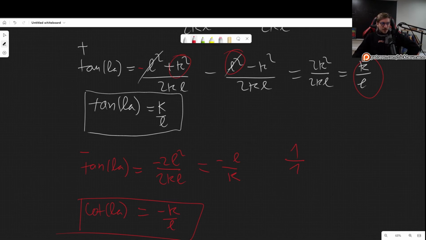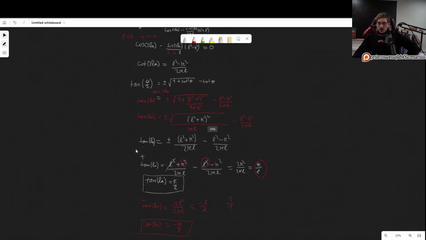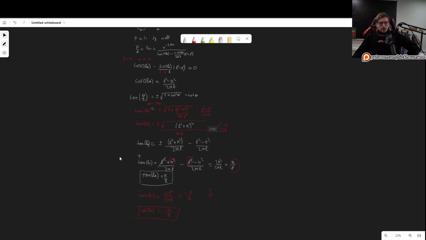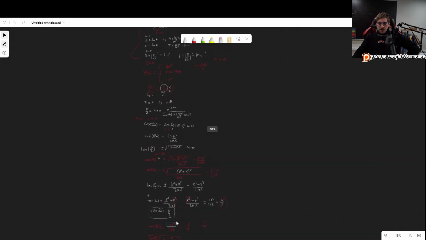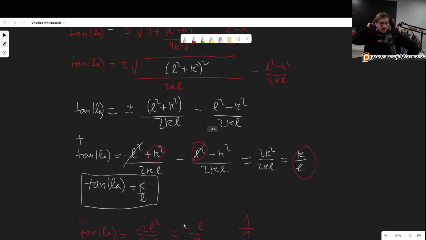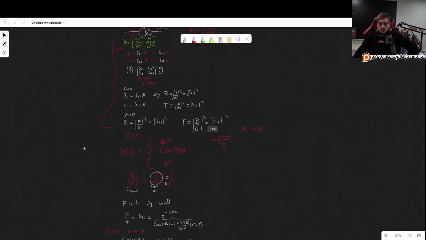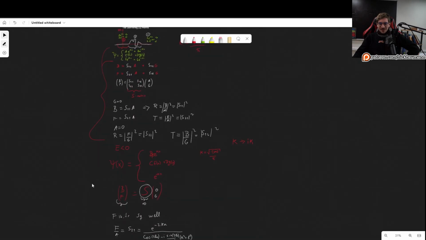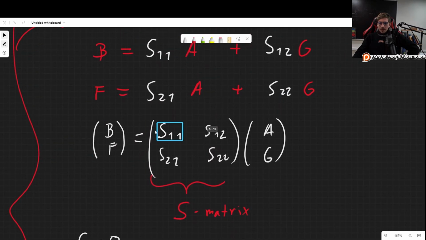So this is very interesting. You can see that using the scattering matrix, we found in a much faster way the exact same results that we found previously for the bound states. So this just shows you the power of the scattering matrix, and we haven't even begun to scrape the surface. What you have to keep in mind is that this is what a scattering matrix looks like.